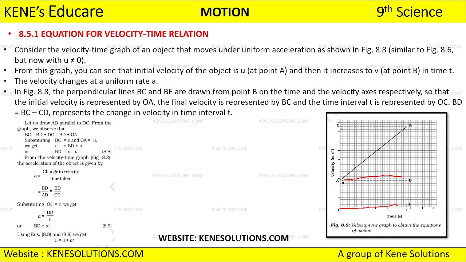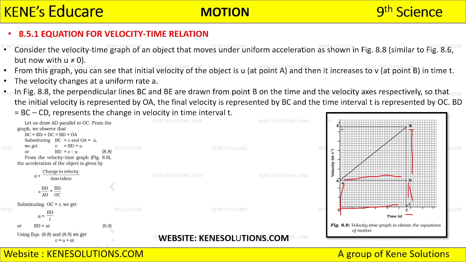So what will we get? BC will be equal to BD plus DC, and that will be equal to BD plus OA, because DC and OA are equal, right? So instead of writing DC, we can write OA, because OA is the initial velocity.